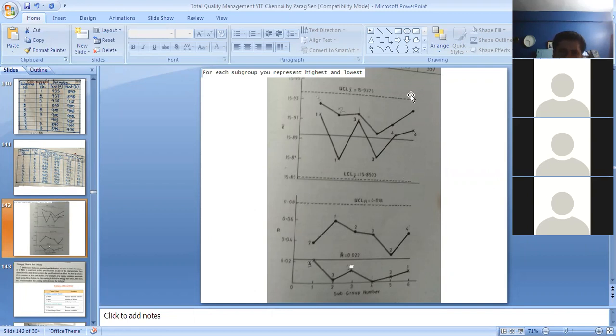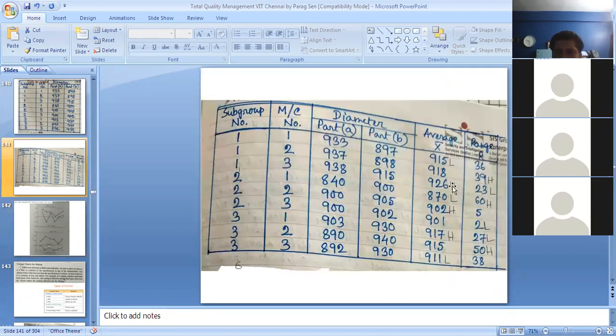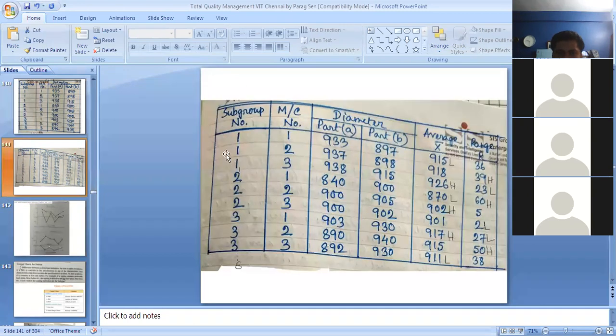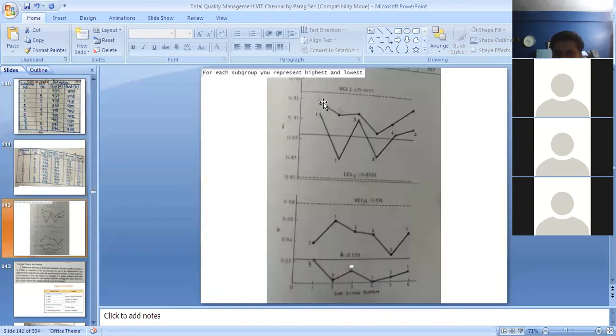Interesting to note why you are only taking care of your highest value and lowest value, and not a value like 918, for example, which lies in between. You can see that the 916, which belongs to the second machine, will lie within this highest value and lowest value.